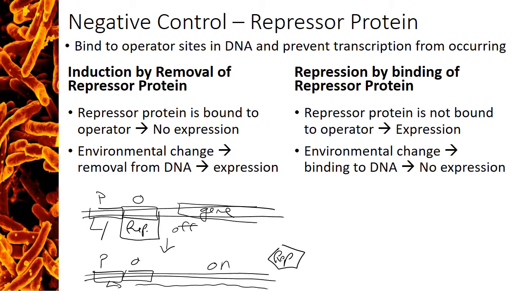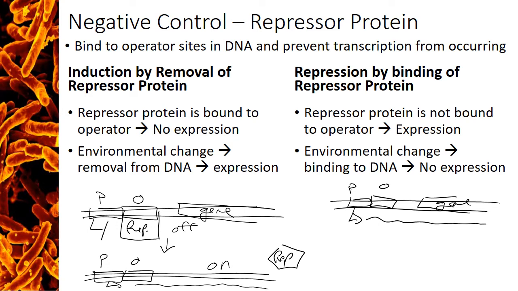Repressor proteins can also be involved in repression of a gene by binding. So this would be negative control and repression. In this instance, the repressor protein is not bound to start with, so we have our promoter, our operator with nothing bound, we have our gene, and in this case the gene is on, so transcription can happen, and we are seeing messenger RNA produced.